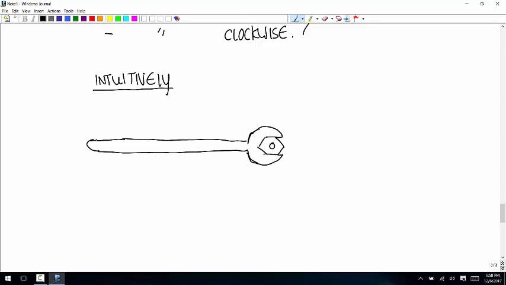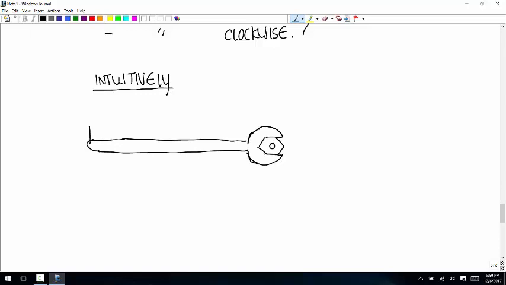If you put your hand here and pull down, it's going to turn more easily. But the easiest is to apply that force over here, and then it's going to be really easy to move it. Both of those things matter: the force you apply and the distance from the axis to where you apply that force.